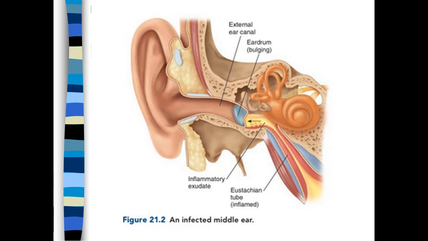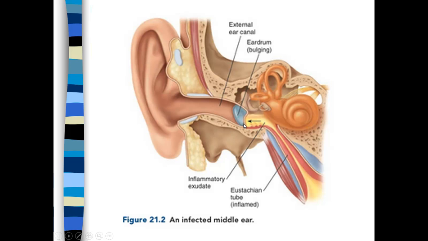Okay, and you see, here's the outer ear, here's the middle ear, and here's the inner ear, and here's the eustachian tubes, and the eustachian tubes that are inflamed and blocked. This allows fluid to collect behind the ear, and that fluid then becomes infected with resident bacteria.